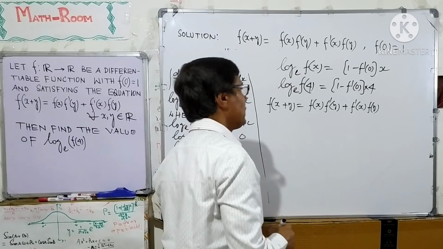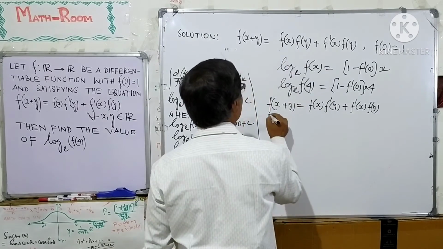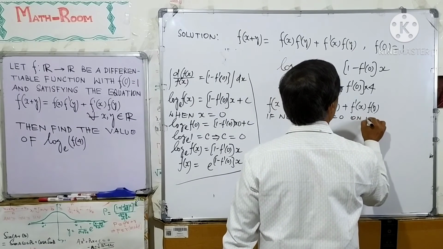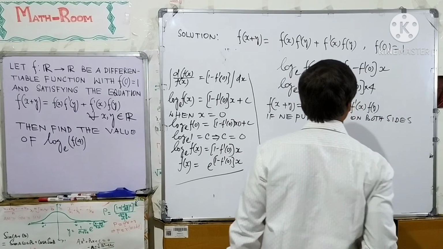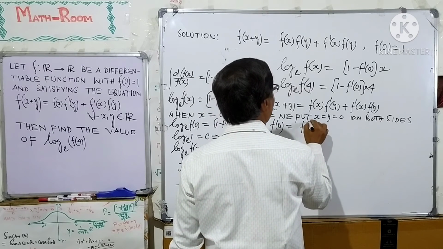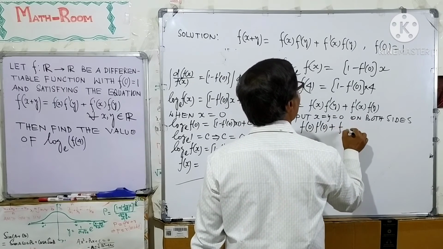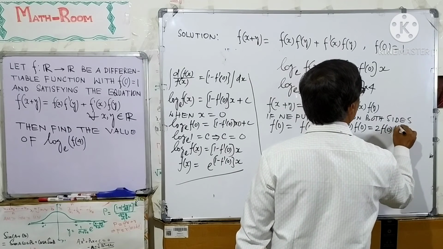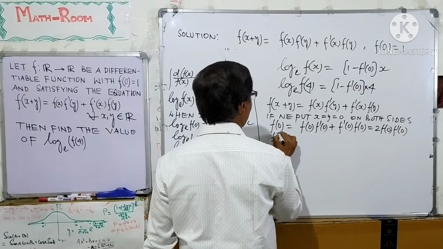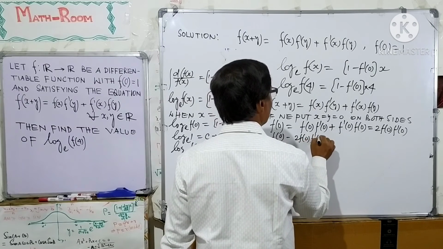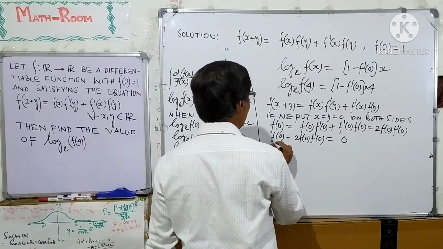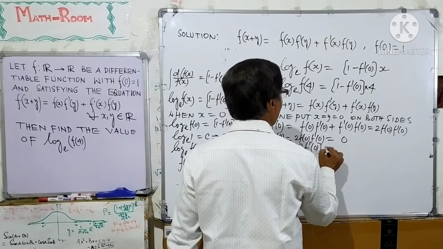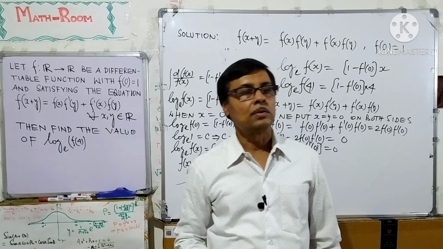We get f(0) equal to f(0) f'(0) plus f'(0) f(0), which is equal to 2 f(0) f'(0). So, f(0) minus 2 f(0) f'(0) equal to 0, and factorizing, f(0) into 1 minus 2 f'(0) equal to 0.